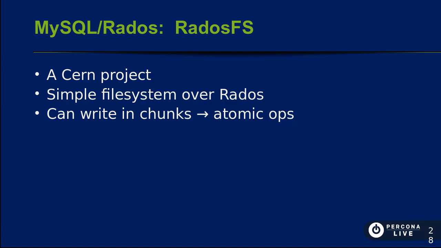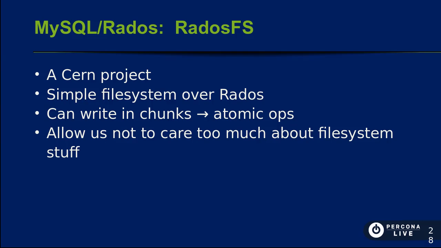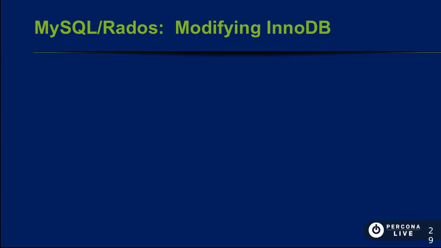For a file that you open, you define the chunk size, so the page size would be awesome. It allows me to abstract all the file system things. Modifying InnoDB, most of the changes are located in the OS file code, so it simplifies a lot of work. So I went through and changed it.